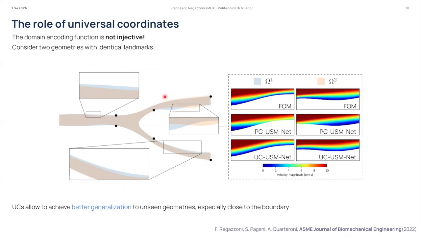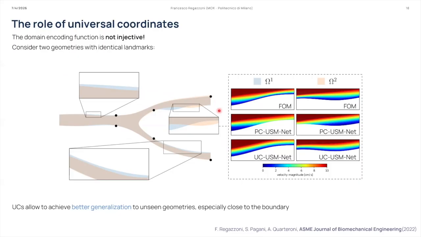So the key point is that the domain encoding function is never injective. So since this is low dimensional, we will always have two geometries sharing the same shape code but being different. And this is something that is unavoidable.